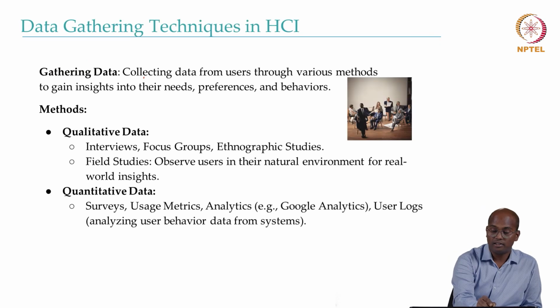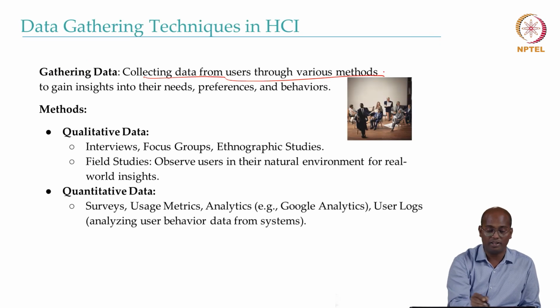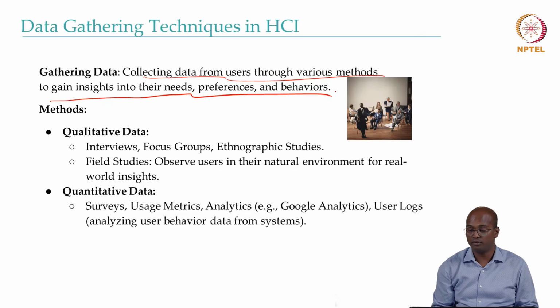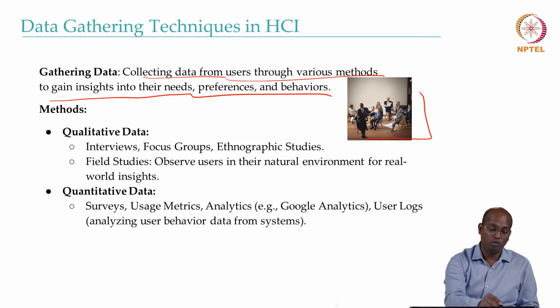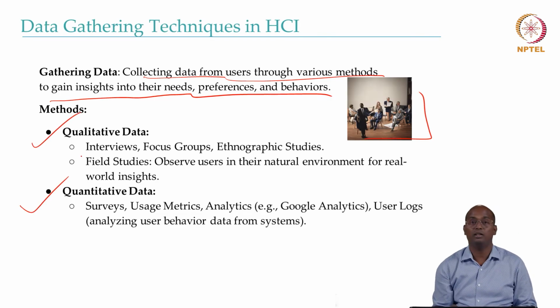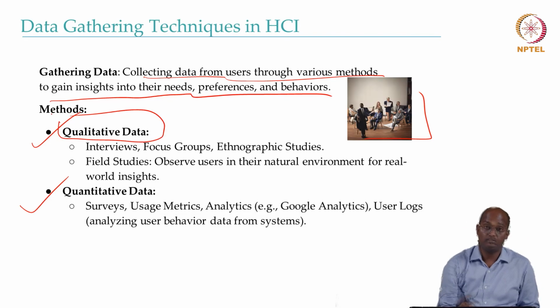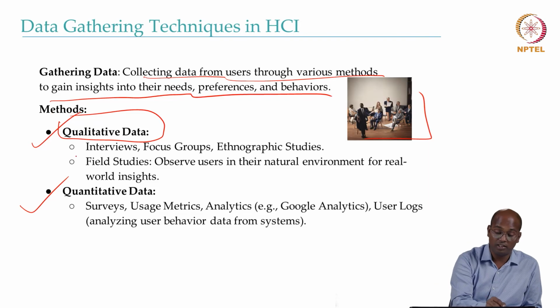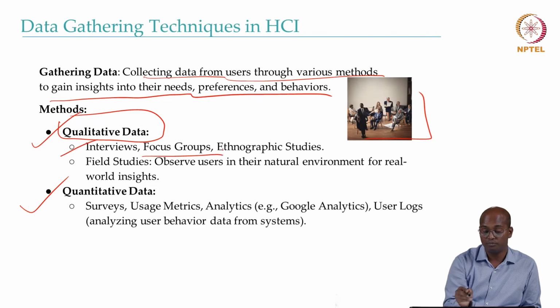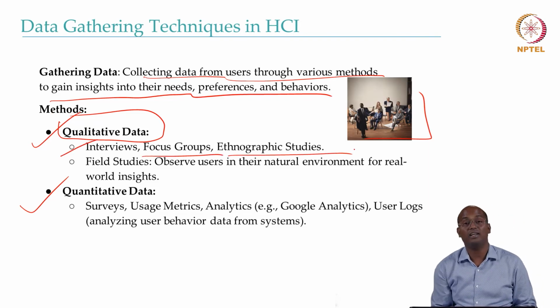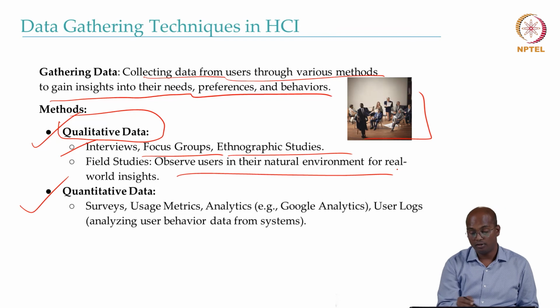Gathering data is basically collecting it from the user through various methods to gain insight into their needs, preferences, and behaviors. Most of it can be categorized into two kinds of data. You may have qualitative data, which comes from interviews, focus groups, ethnographic studies, and field studies in the natural environment.